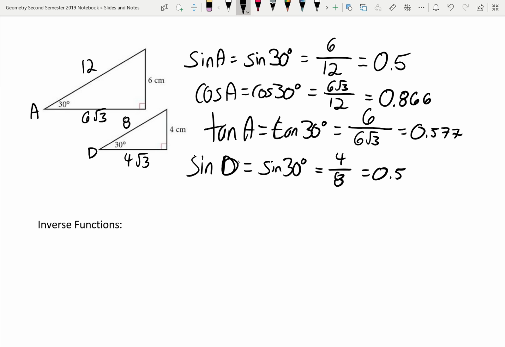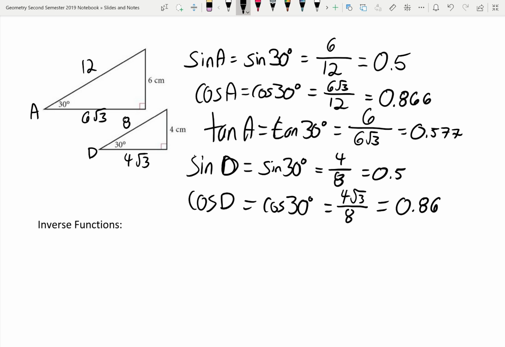And if we keep going, cosine of D equals cosine of 30 degrees, which is equal to adjacent leg over hypotenuse. All right. And that is equal to 0.866 again.